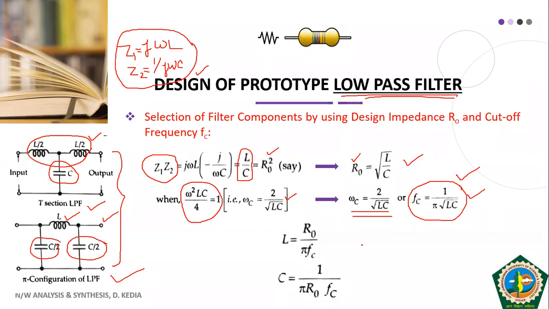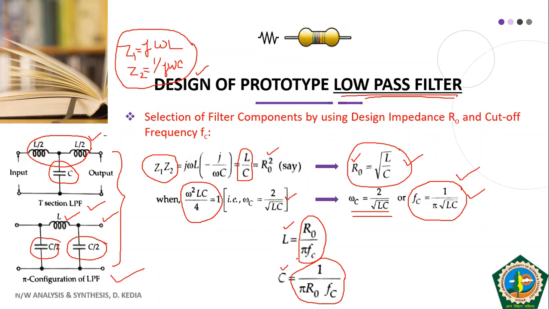Then, by using these two expressions, we are trying to find out the reverse thing. If you are given R naught and FC, can you find out L? This is what we are doing. We are now expressing L in the form of design impedance and cutoff frequency, and we are expressing the capacitor in the form of design impedance and cutoff frequency. This is what I was talking about.